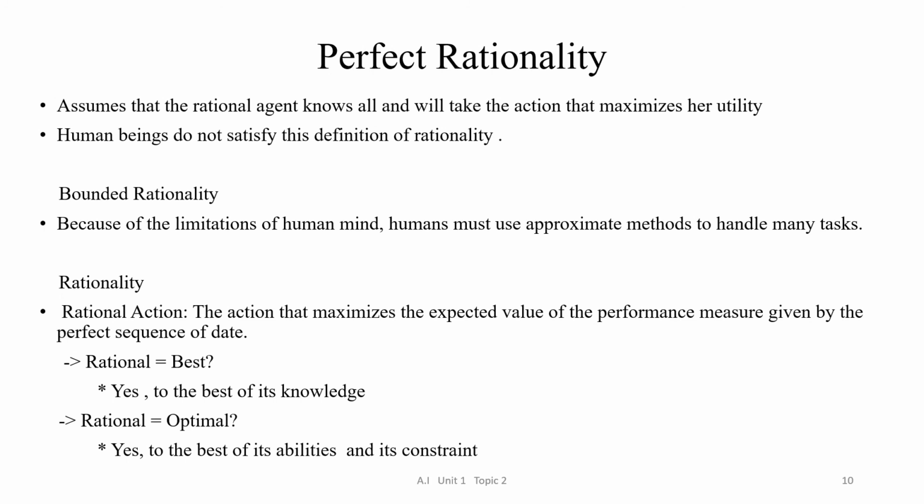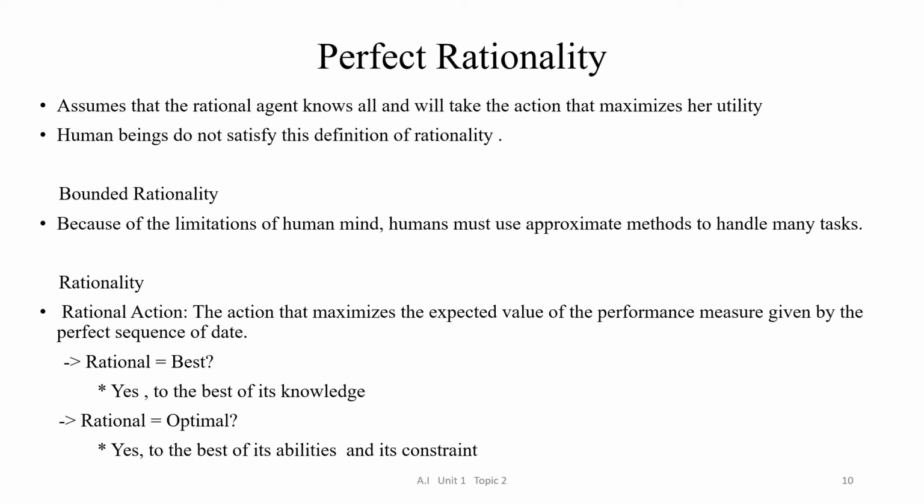How to get perfect rationality for an agent? It assumes that a rational agent knows all and will take the action that maximizes her or his utility. Human beings do not satisfy this definition of rationality. Let us discuss what bounded rationality is.